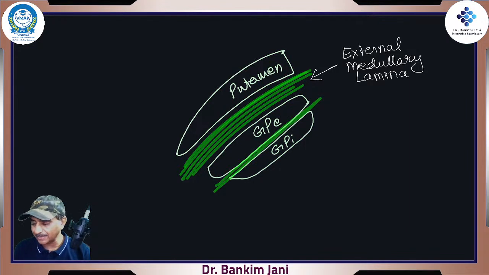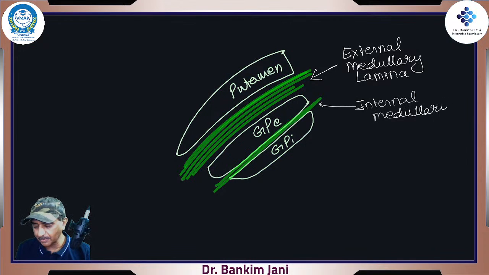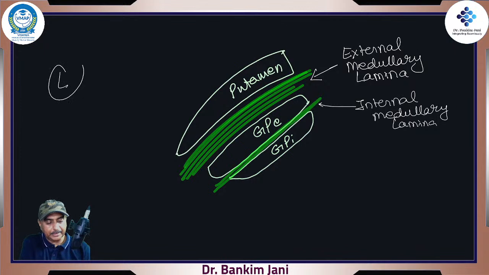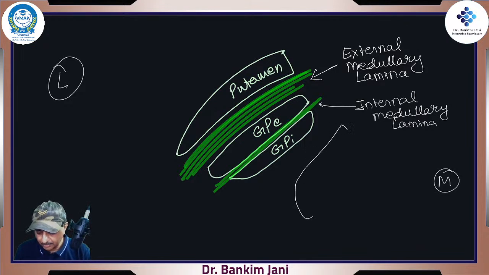So if this one is the external medullary lamina, this is what is called the internal medullary lamina. Fair enough? Take it like this is lateral and this one is medial. Now, after this globus pallidus, what is next? There would be, centrally situated, our thalamus. Thalamus is there, right?